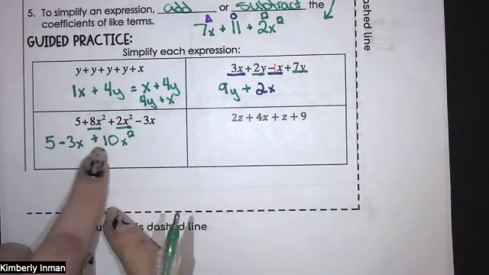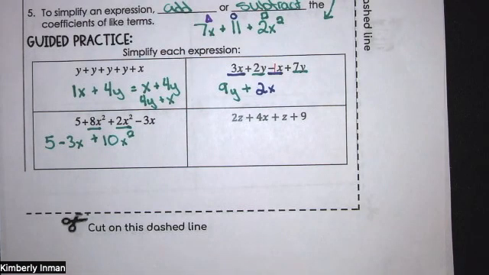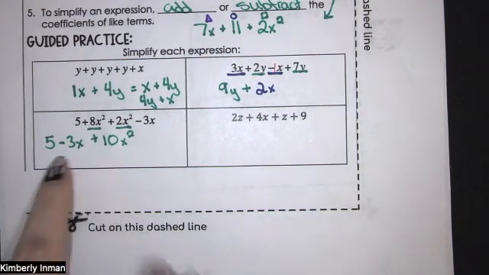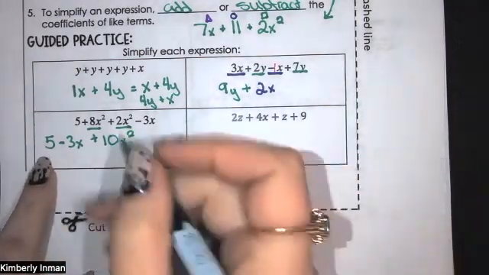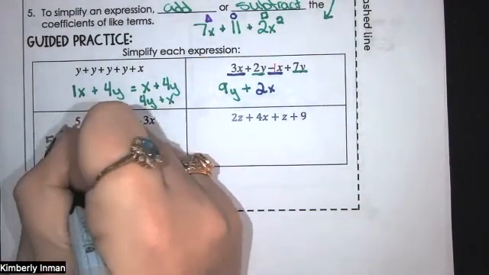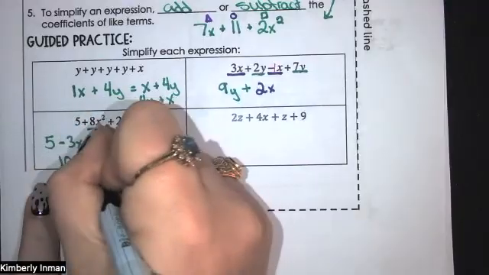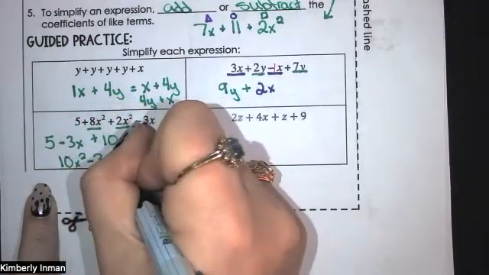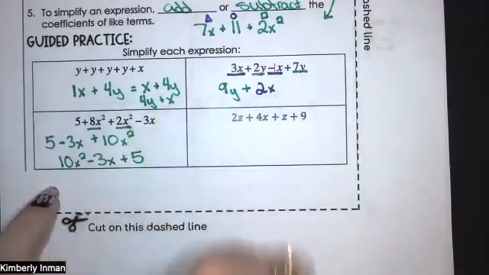And you can write that in any order you so choose, which is why this is going to be a very, very interesting topic to auto grade, to have Schoology grade. I will do my best to put all the different options in Schoology, but if at some point, especially in this video later, when you have to type your answer, you put it in a different order, because this stuff right here, you could have also written it 10x squared minus 3x plus 5.